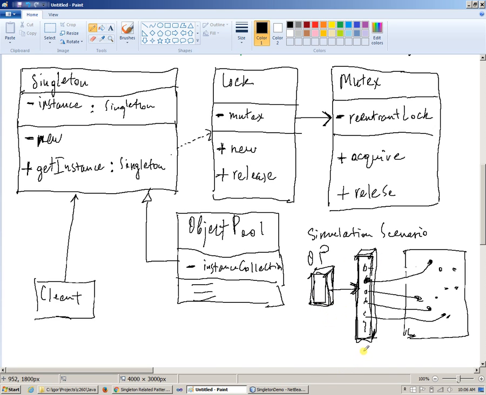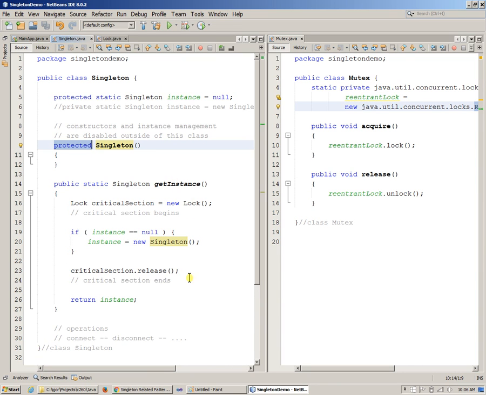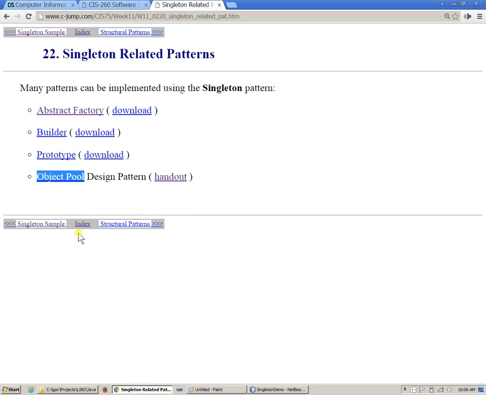So that we can manage it. But again, this is a set of ideas for the next set of presentations, and this is our next design pattern that I would like to discuss, because it's so closely related to the singleton. So that's to be discussed next.